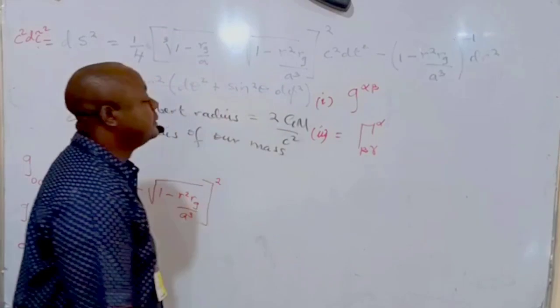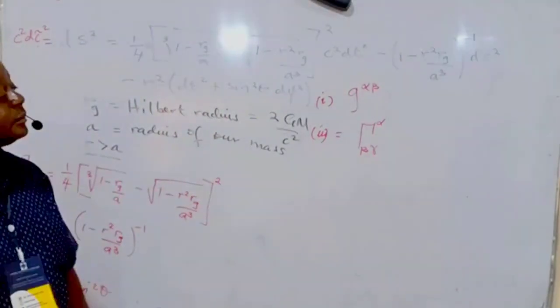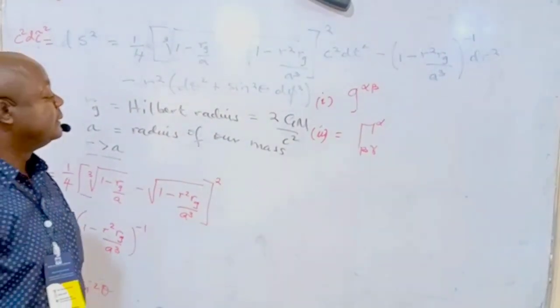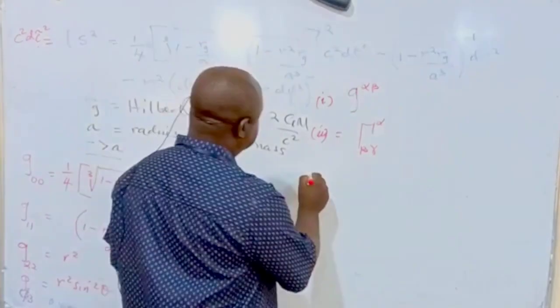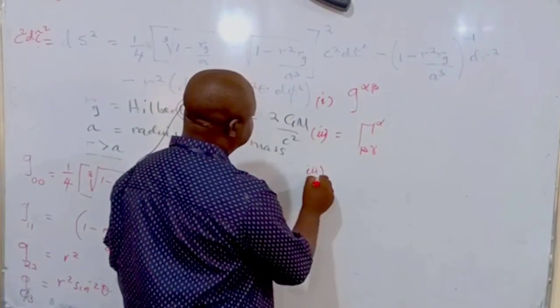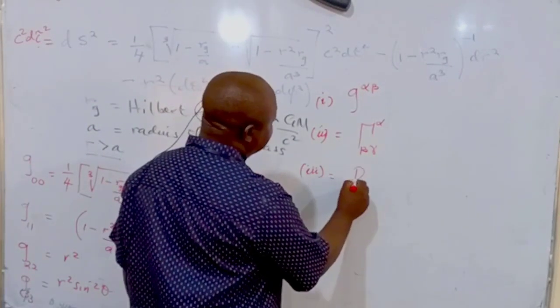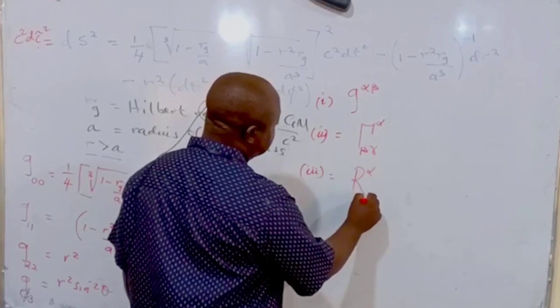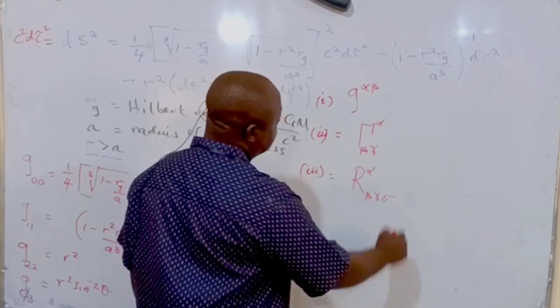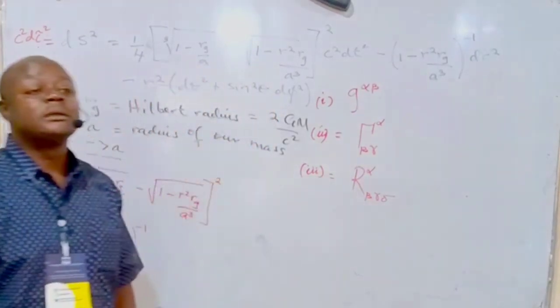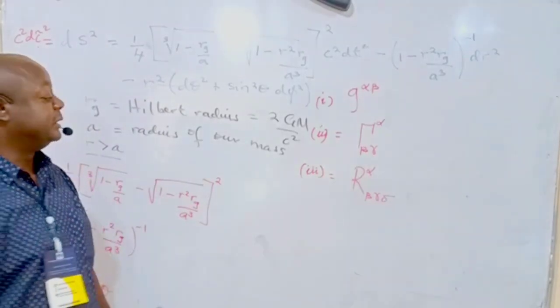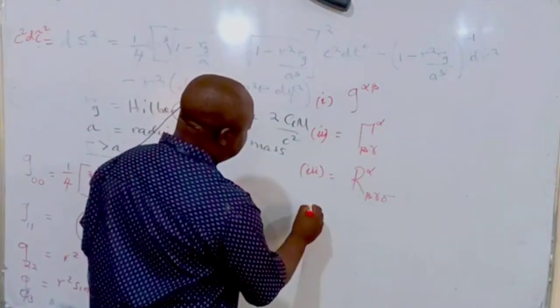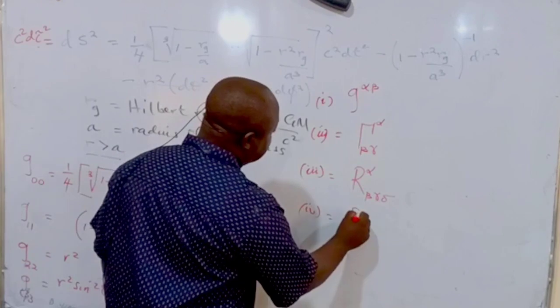And when we get that, we'll now move to our Riemann-Christoffel tensors. After getting our Riemann-Christoffel tensors, we'll get our Ricci tensor.